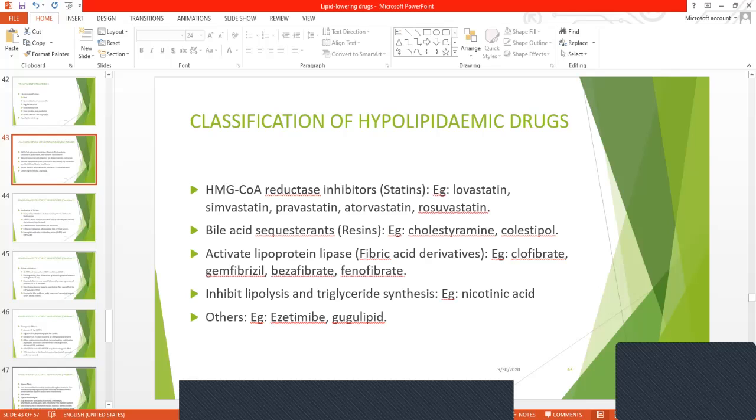But in this combination, we should have regular monitoring of liver and muscle function, the liver function test and the muscle enzyme creatine kinase.